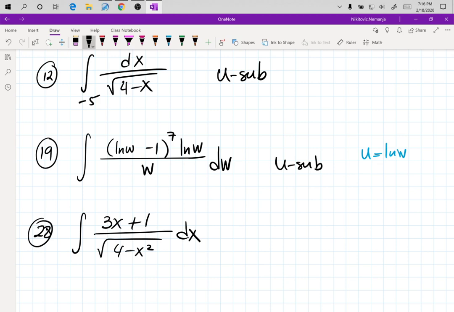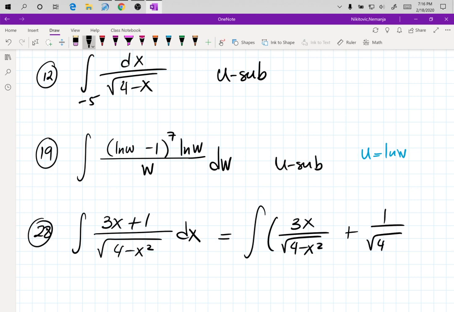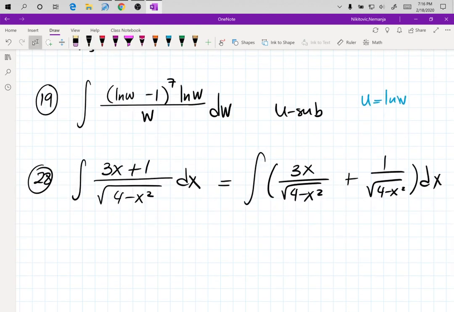The only thing I can do algebra-wise here is split this into two integrals: 3x over square root of 4 minus x squared plus 1 over square root of 4 minus x squared dx. You have two separate integrals to solve.